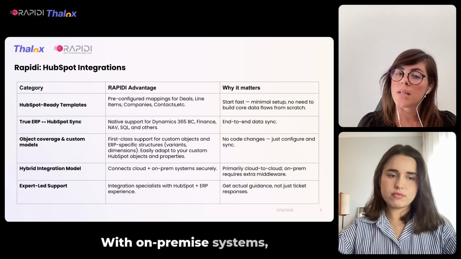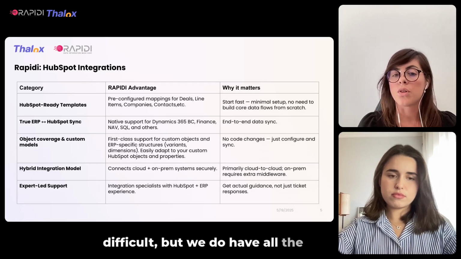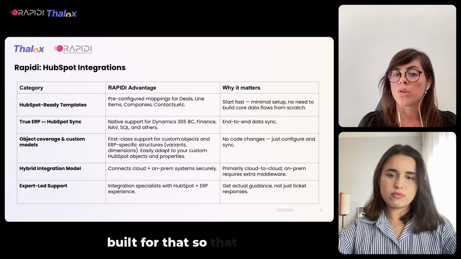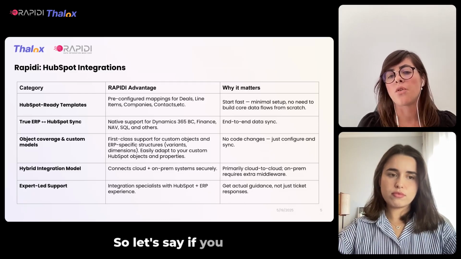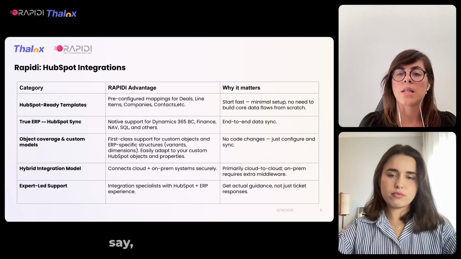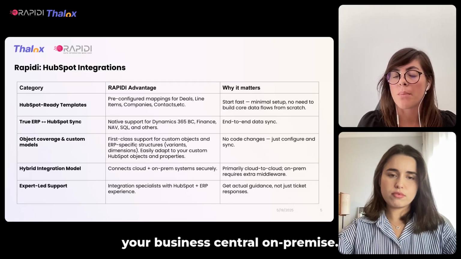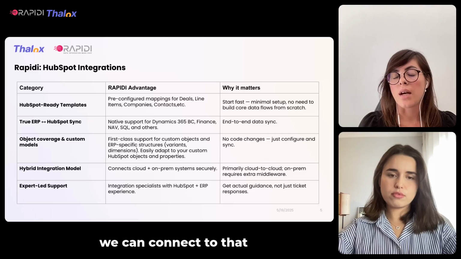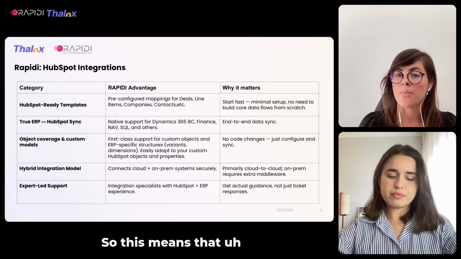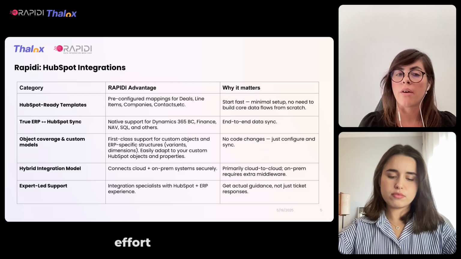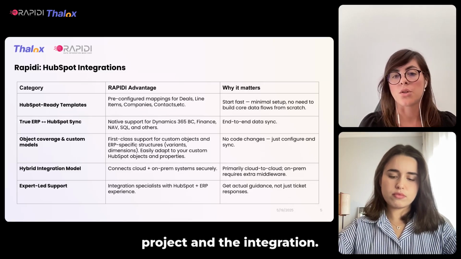With on-premise systems, it's a bit more difficult, but we do have all the support built for that so that you don't need to do any extra work. So let's say if you have an older Navision version, or you have your Business Central on premise, we can connect to that without any type of issue. So this means that your work or your effort will be low throughout the project and the integration.